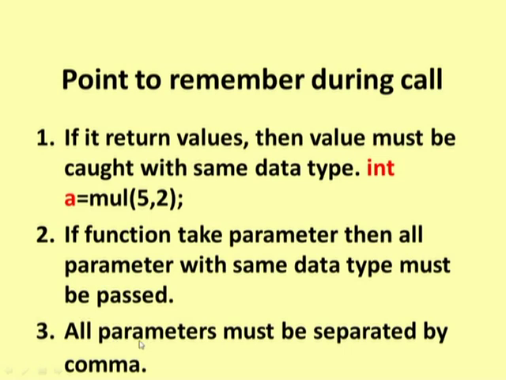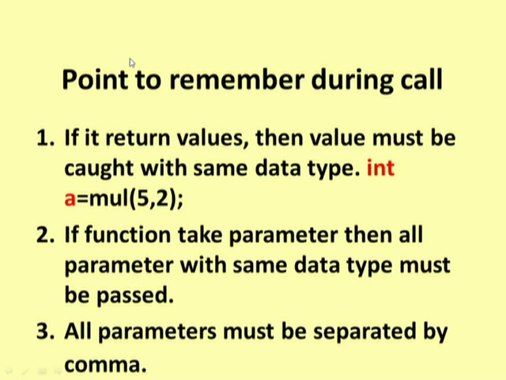Clear? So the points to remember: number 1, if the function returns a value, then the value must be caught with the same data type, int a = mul(5, 2). Point number 2, if the function takes parameters, then all parameters with the same data type must be passed, and the sequence should match the data types.